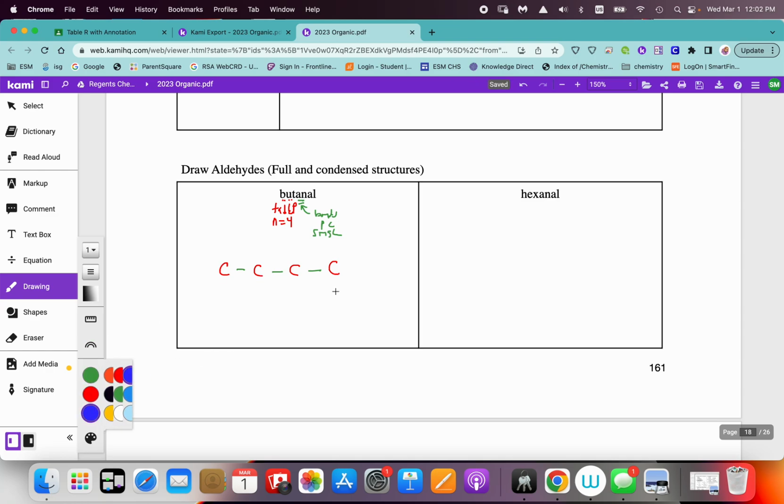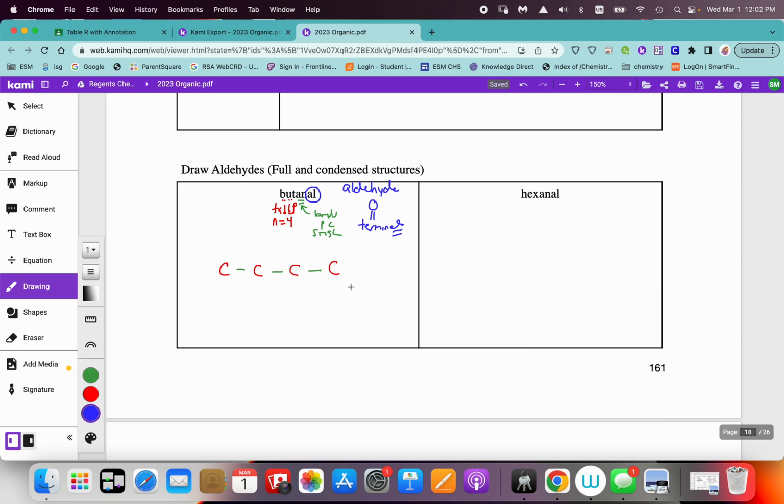Now I notice that this ending is al, which I'm learning to associate as the aldehyde. So that means I need to add a double bonded oxygen to a terminal carbon. Terminal means either the first carbon or the last carbon in the chain.